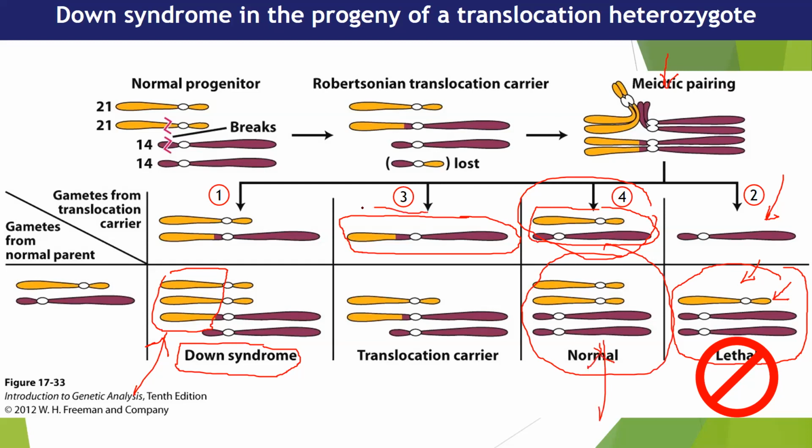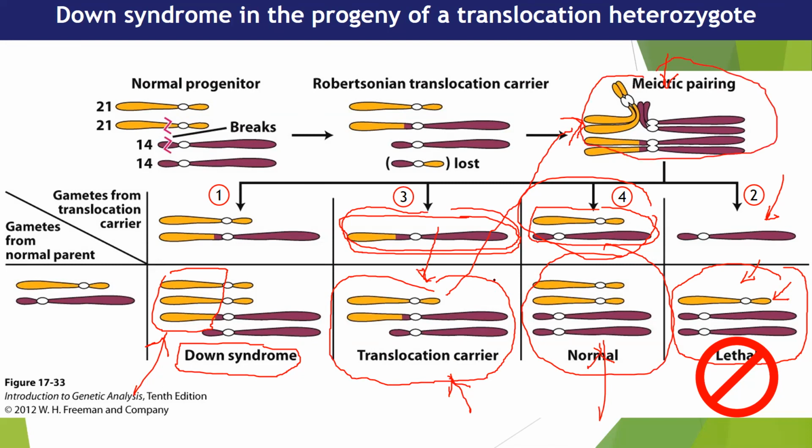And if the translocation chromosome comes together with the standard gamete, it will produce exactly the same genotype as this parent. So this is another carrier. So this kid will have the same genetic setting as the carrier parent. So is that clear? Any questions about this slide?